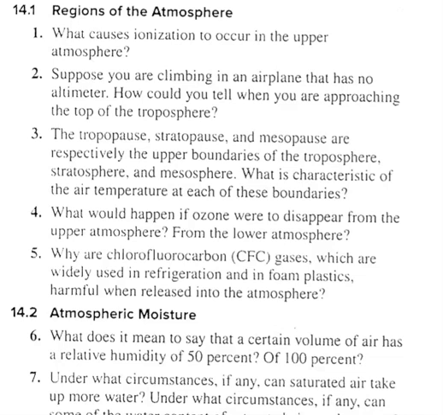Number two, suppose you're climbing in an airplane that has no altimeter. How could you tell when you are approaching the top of the troposphere? One way is to have an outside thermometer. The layers of the atmosphere are designated according to change in temperature. The lowest part of the atmosphere is the troposphere, and the temperature decreases as you go from the troposphere up to what's called the tropopause.